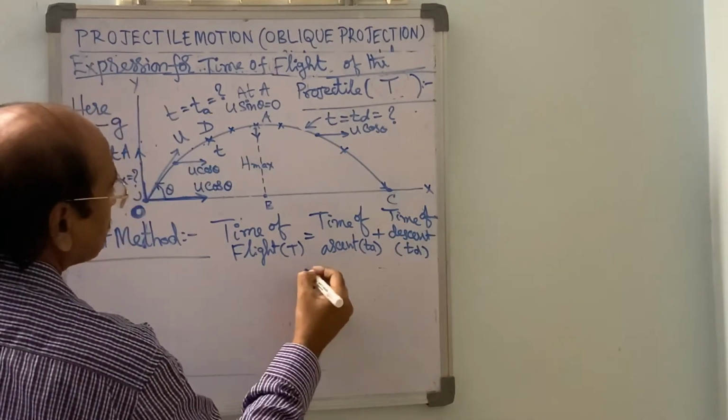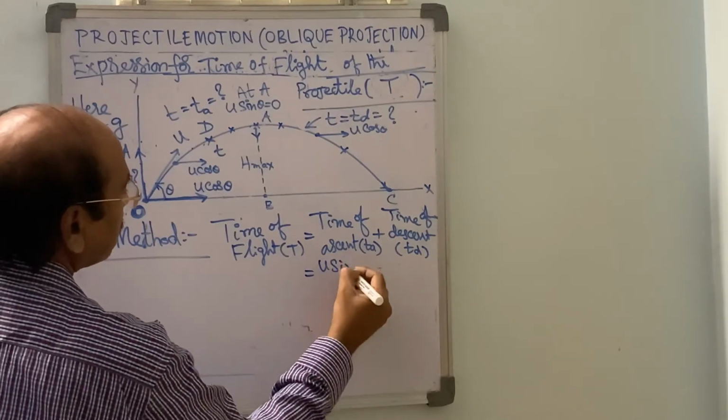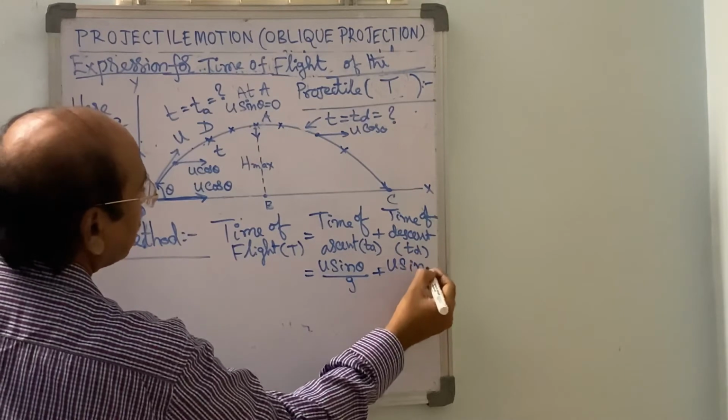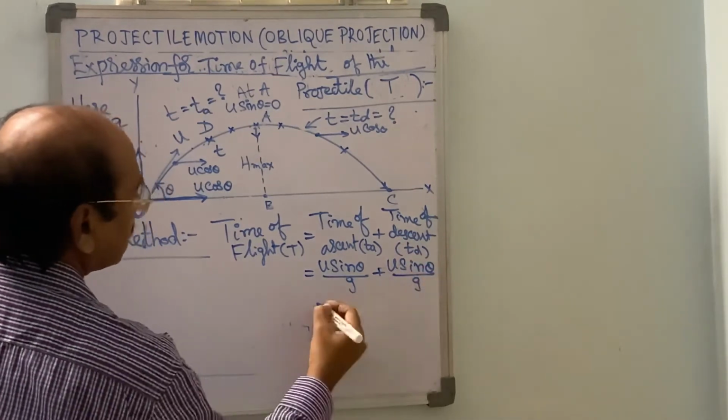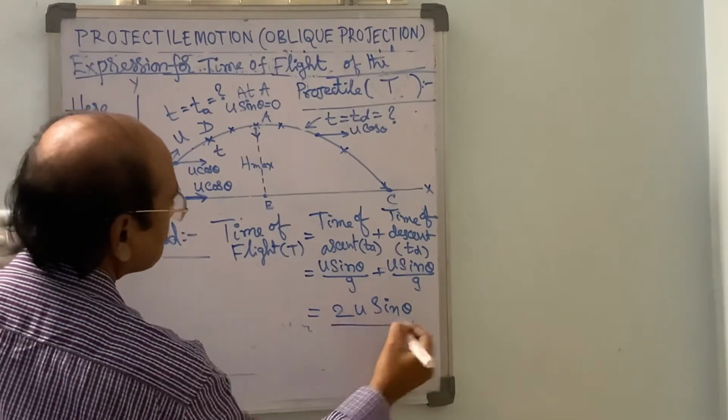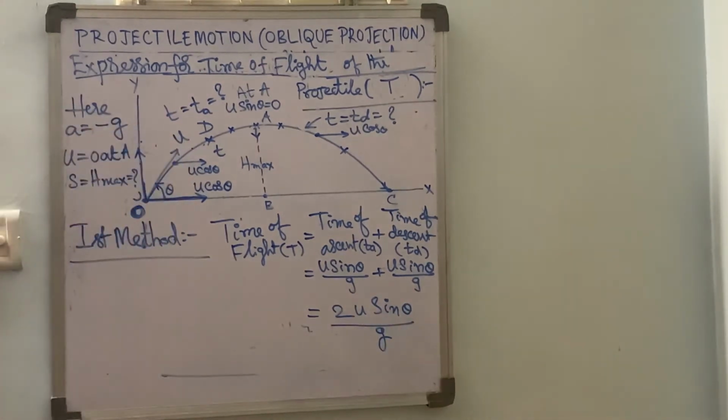So by adding u sin theta by g plus u sin theta by g, that is equal to 2u sin theta by g. This is the expression for time of flight.